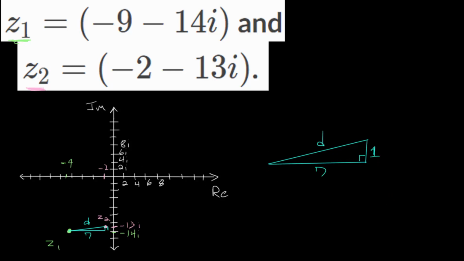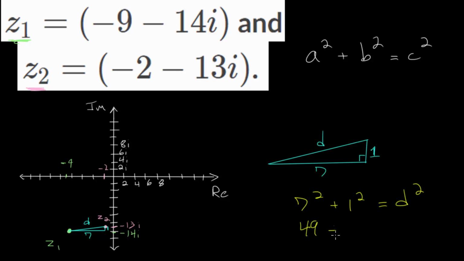So we can use our Pythagorean theorem, where we take our legs, we square them, and we add them together, and that's equal to the hypotenuse squared. So let's set it up for our triangle here. We would have 7 squared plus 1 squared, and this is equal to the hypotenuse squared. And if we simplify, this is 49. This is 1. We are equal to d squared, so we have 50 equal to d squared.